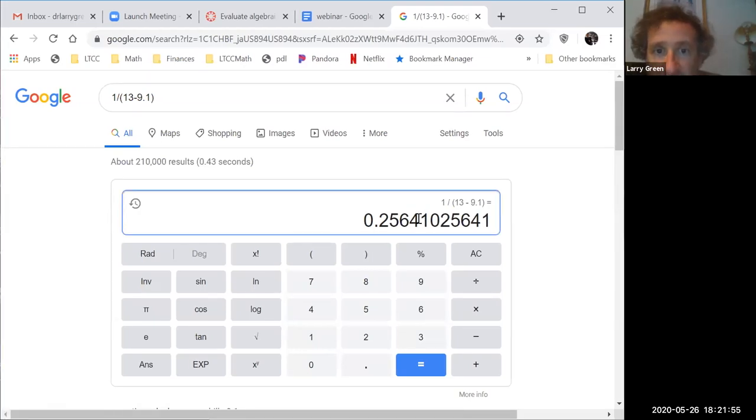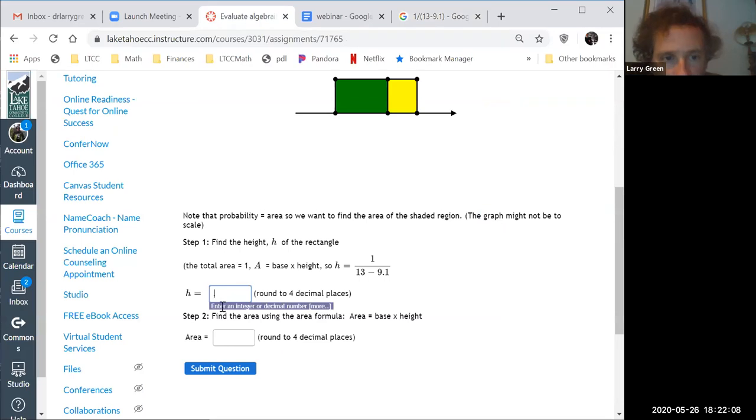So 0.2564. Any questions on that? Okay, so let's go back and pop that in. It's got an extra dot there for some reason.